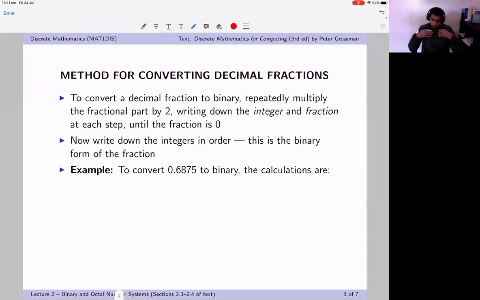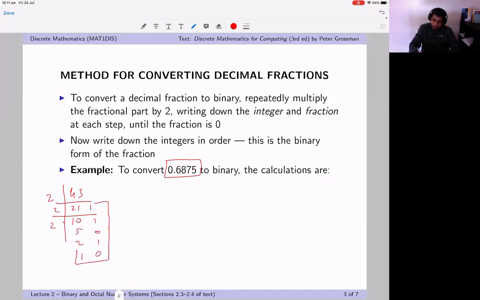Okay, what I mean by that is, if I want to convert this fraction to binary, how would I do that? So far what I explained is, if you have an integer like 43, you simply divide it and then note down all those remainders, right?